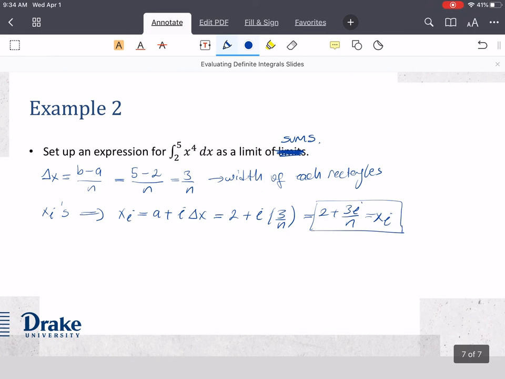And so using the theorem that we previously learned relating definite integrals with Riemann sums, you may remember the rule says the integral from a to b of f of x dx is the same thing as the limit as n goes to infinity of the sum i equals 1 to n of f of xi times delta x.